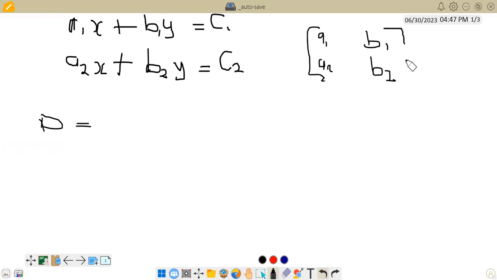So this is our matrix. These are the coefficients of the variables. So we have these variables, these coefficients, and we form a matrix here.